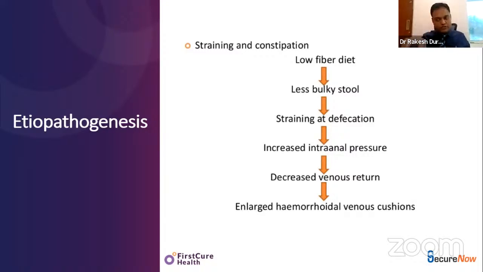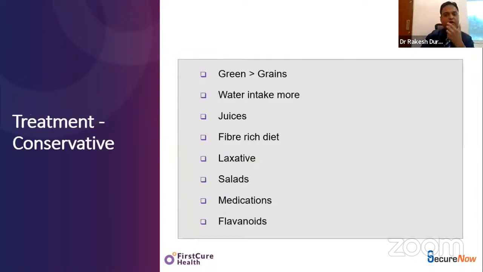So now when it pushes too much, the arteries are thicker and veins are thin walled. So venous return back inside reduces, and the veins become engorged. When they become engorged and when the hard stool passes through it, it breaks all the channels of the dam, and then the bleeding happens. So that's how hemorrhoids happen.